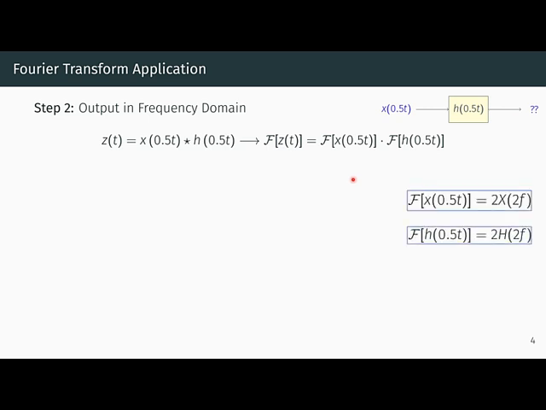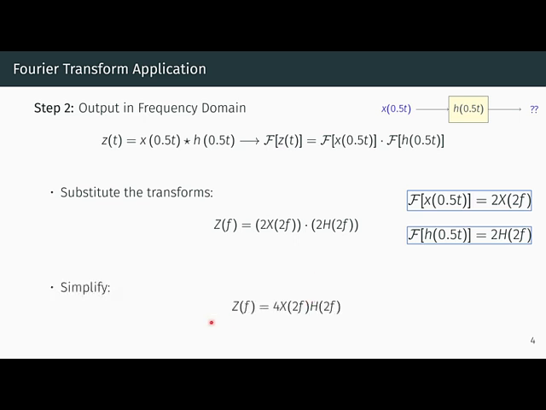In the previous slide we saw that the Fourier transform of x(0.5t) is 2 times X(2f), and the Fourier transform of h(0.5t) is 2 times H(2f). Now let us substitute these two results here.